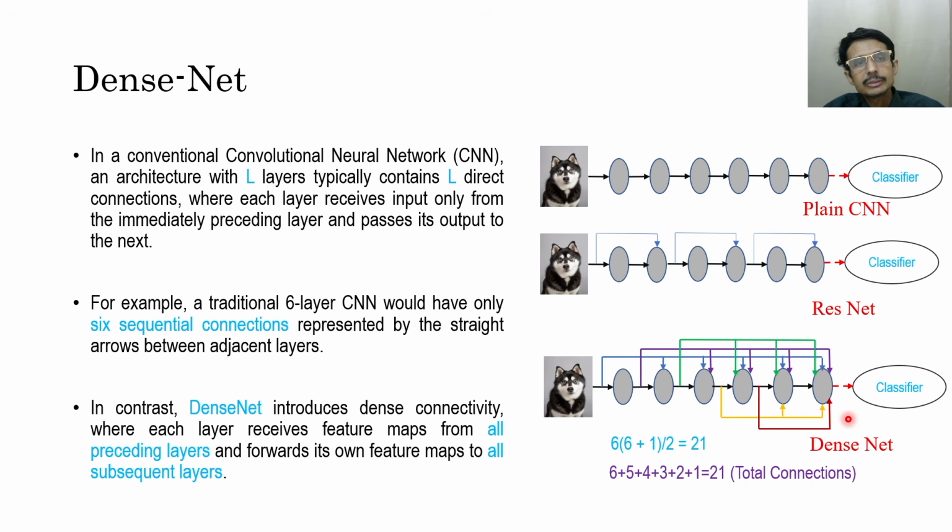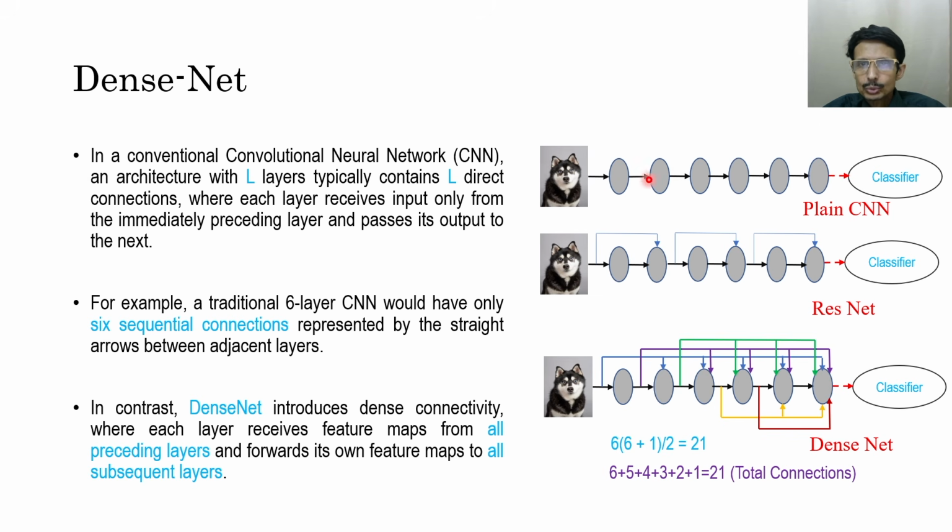Now, comparing DenseNet with a conventional CNN: an L-layer CNN typically contains L direct connections. For example, in this one there are 6 hidden layers.